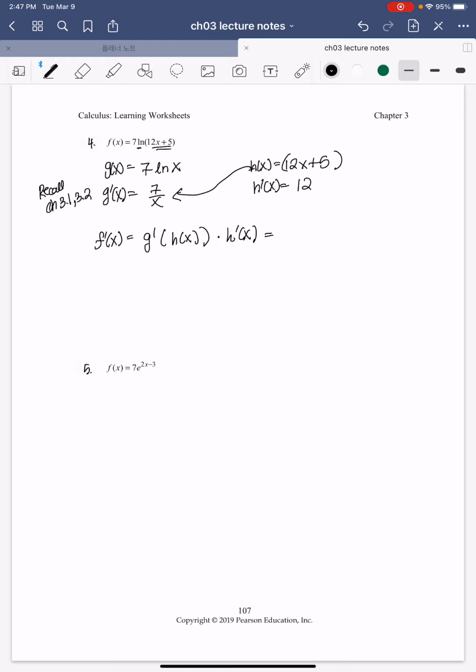My first term will be 7 over 12x plus 5, where the x is replaced by 12x plus 5, times h prime of x, which is 12. Let's keep going. I can multiply 7 and 12. So 7 times 12 will be 84. 84 over 12x plus 5. Okay.